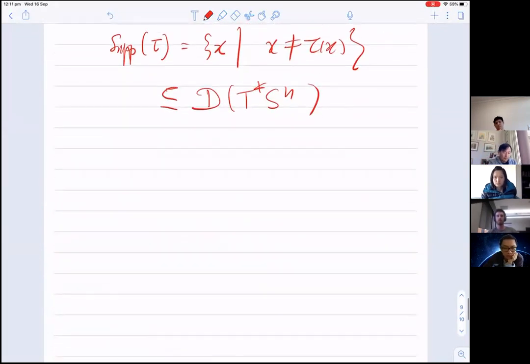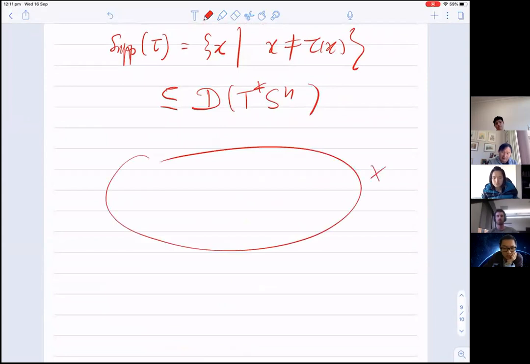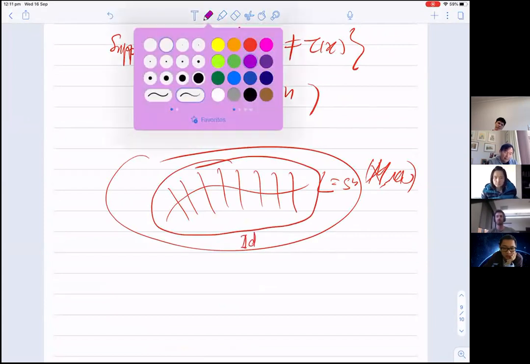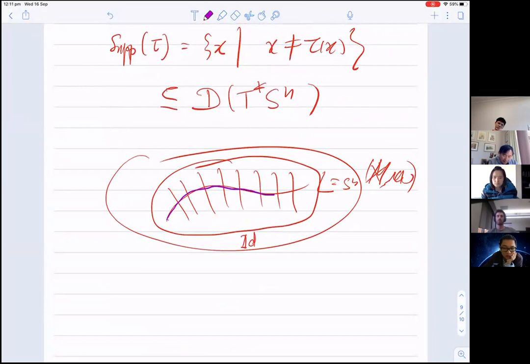So now we have a symplectic manifold, and we have a Lagrangian. Actually, this is Sm. And then you have the normal bundle, and away from this disk bundle this is identity, and over the zero section, it is the antipodal map.